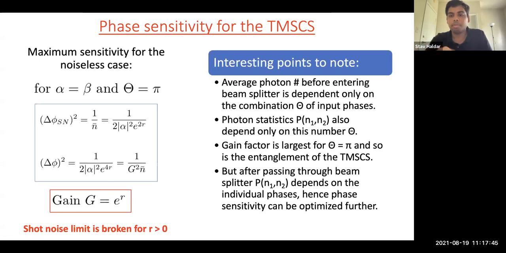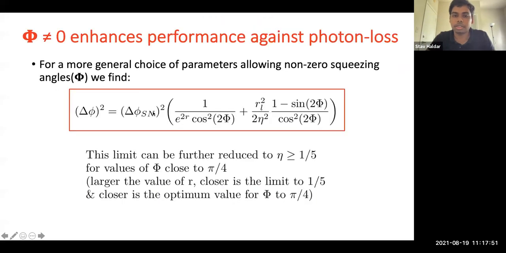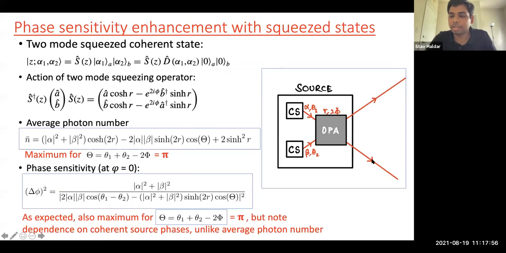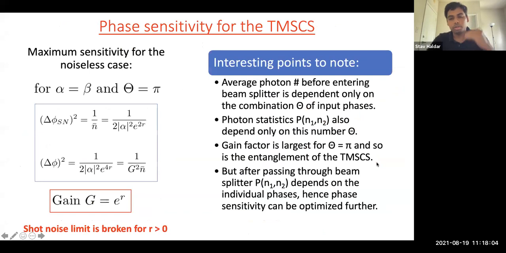If you look at the photon number statistics just after you have created this two-mode squeezed state, and you calculate p of getting n1 photons in this arm and n2 photons in that arm, you also see that it depends only on this combination theta and not on the individual angles.